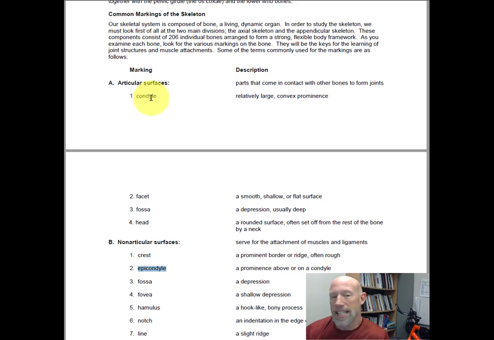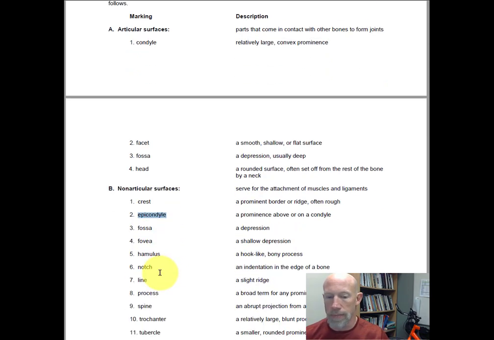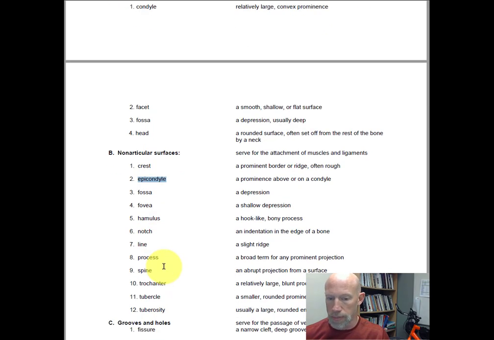But right next to them, there's usually going to be some kind of ligament or tendon attached to that part of the bone, and it'll be a rough textured surface right next to that condyle. So epi means adjacent to or next to, and that will help you to learn those markings on some of the bones.